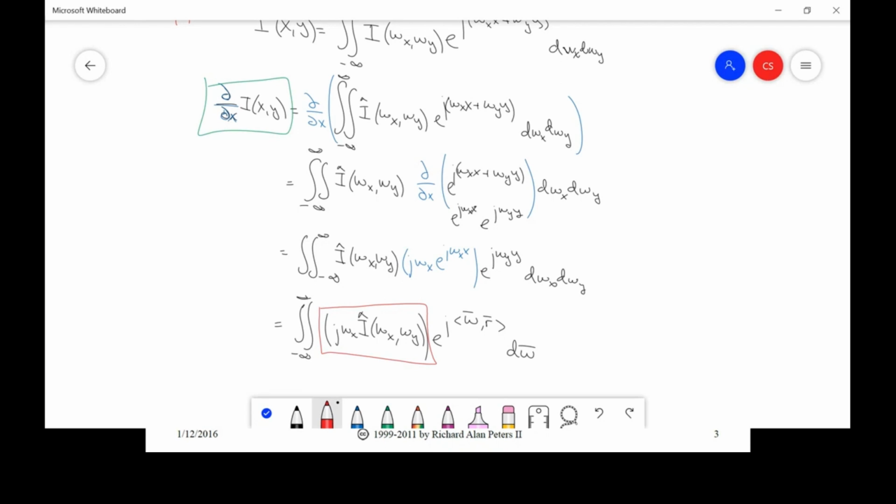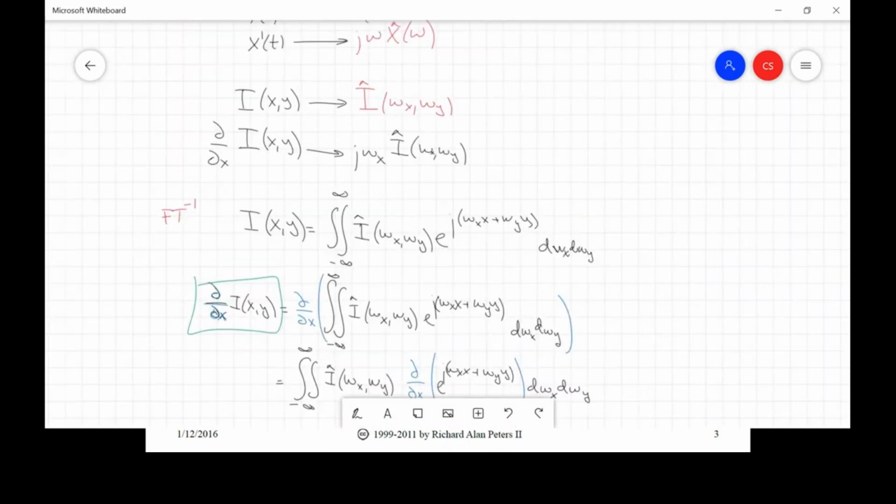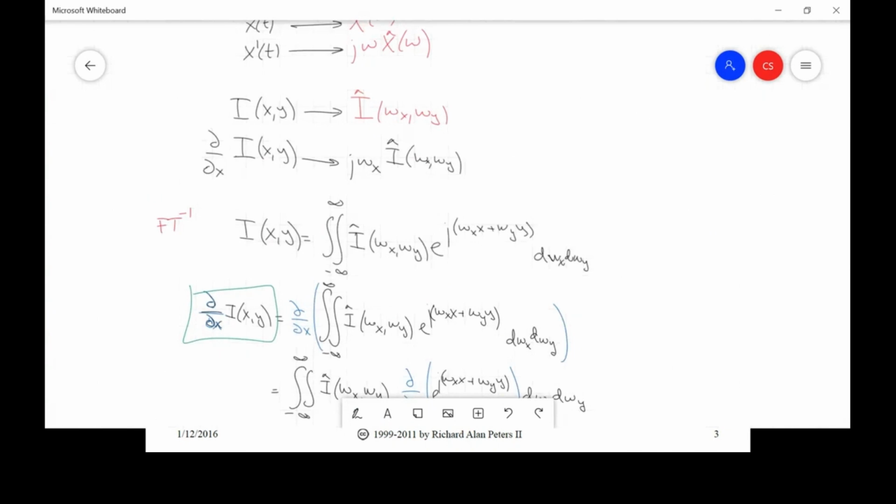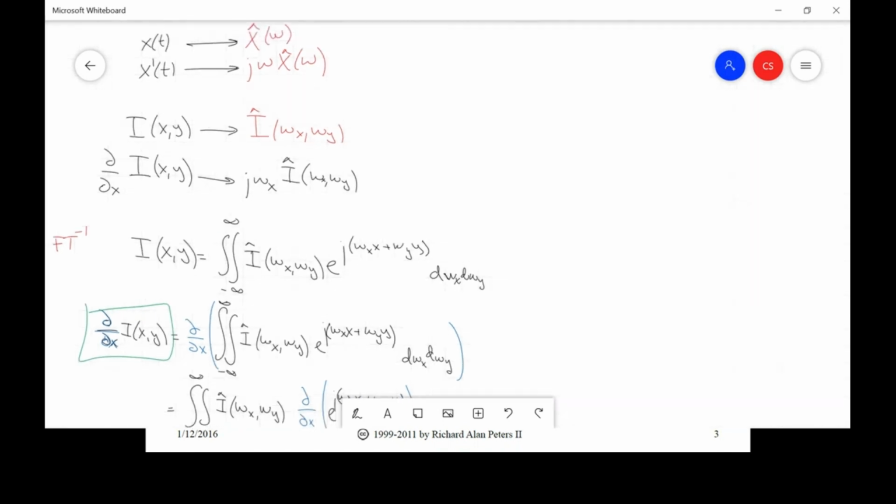Okay, so like this, we have shown that this is actually the relationship between the Fourier coefficients of the derivative and the Fourier coefficients of the original image. So you have to take the original image, multiply by this. Okay, so how does it look like? This is a Fourier transform. This is a filter, right?